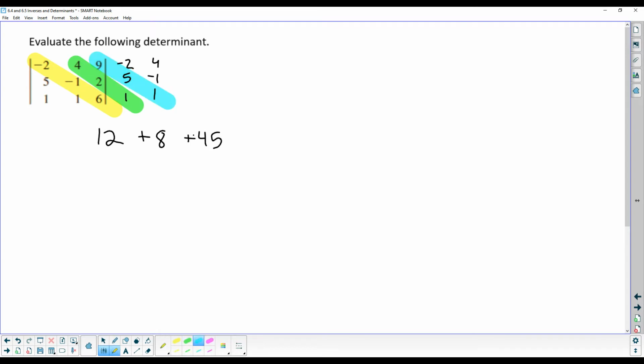Okay, now we have to go backwards. I don't know, I lost it. Okay, so backwards we have 120. We have negative 4.